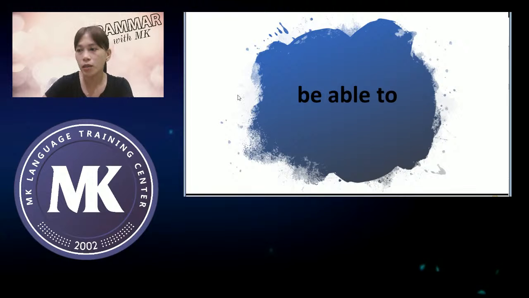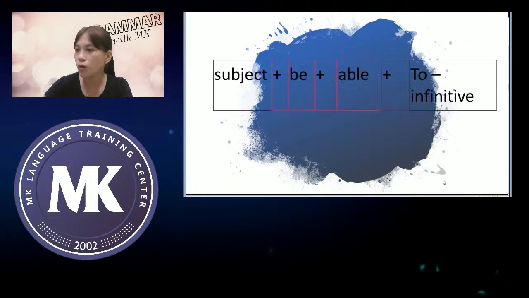This is basically be, so be form, plus able, which is an adjective, plus to as infinitive. So we have a structure here: subject, plus be form, plus able, and then plus to infinitive. Again, this is not a modal verb, but you will know why I added it here.